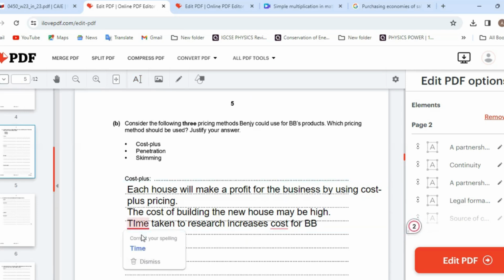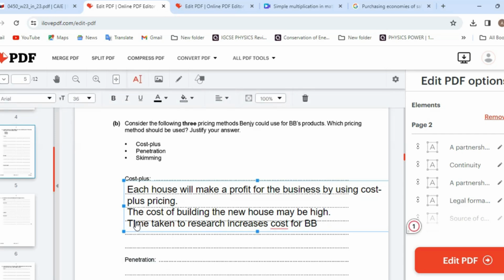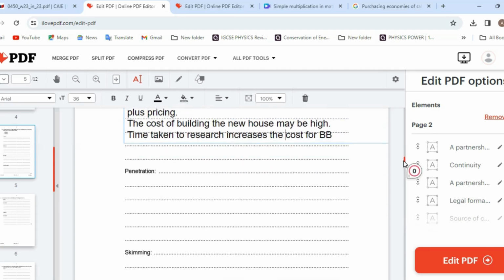Okay, let's move to the penetrating pricing method, where the price is set low in order to attract customers. Of course, as I just mentioned, it will be a lower price than the competitor for each house, and it will attract customers.